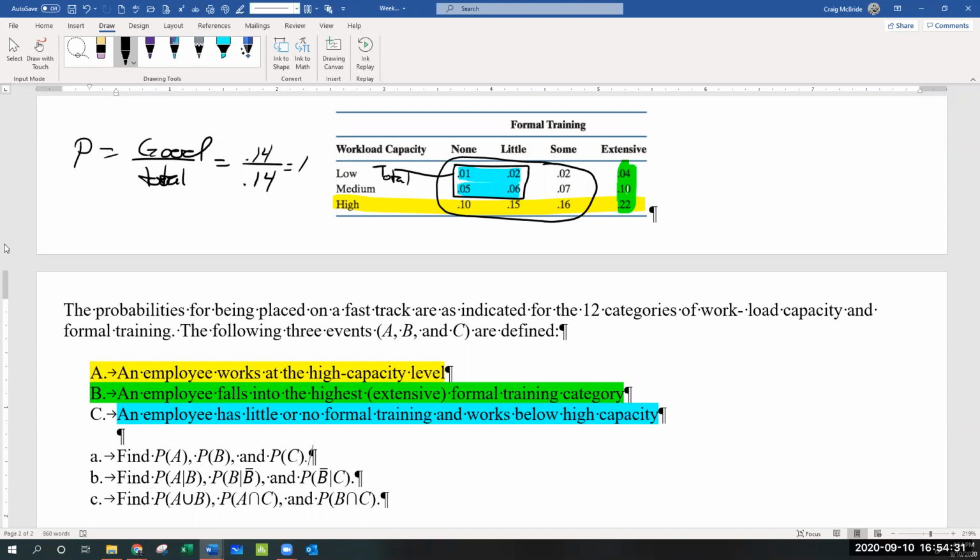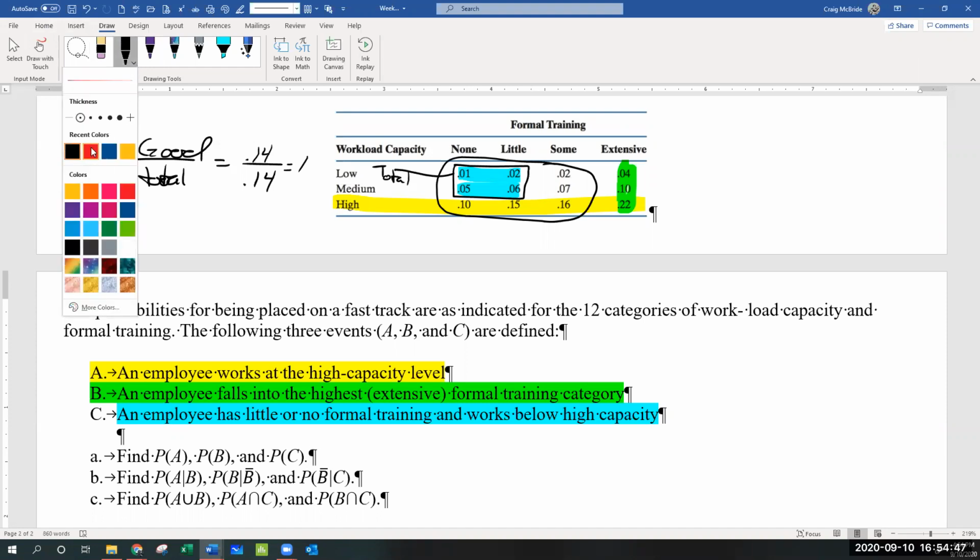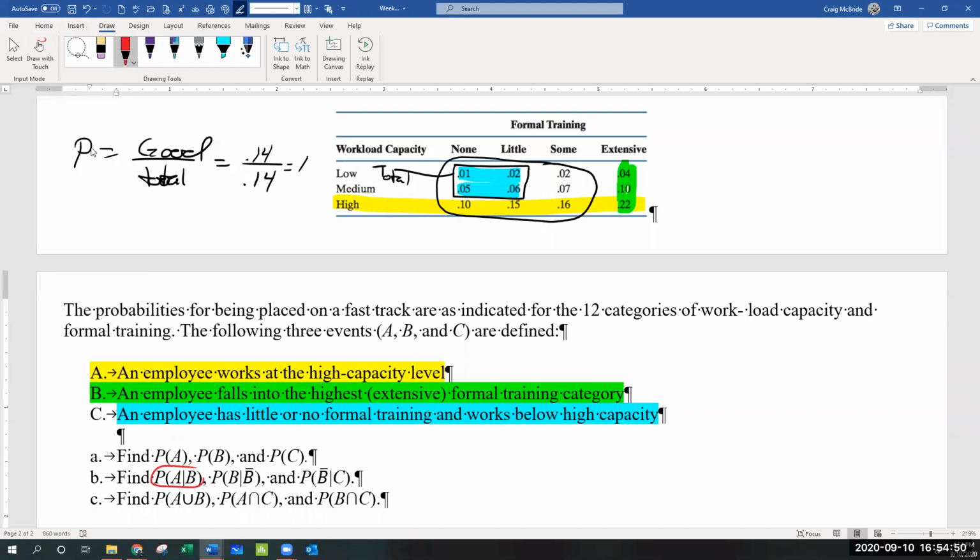Okay. So let's look at A given B again to remind ourselves of why this works the way it works, right? If we're given B, so we'll do this in a different color. Do it in red. So if we're going to do this one, then B is our new subtotal, right? That's our new total that we're concerned about. Because we know that what we have comes from this category. Within this category, which ones are in A, right?